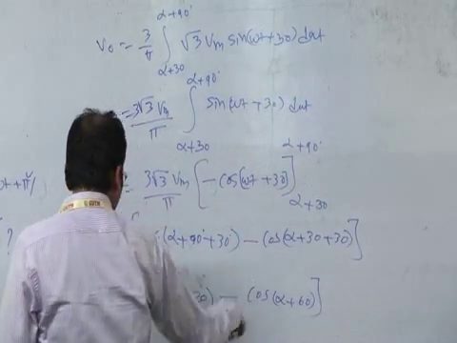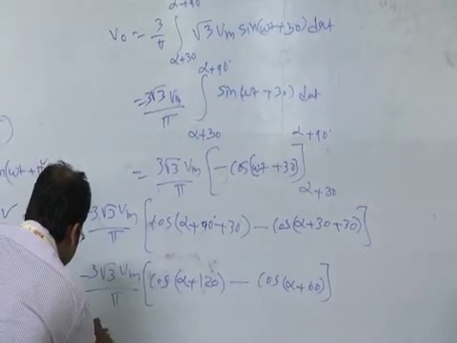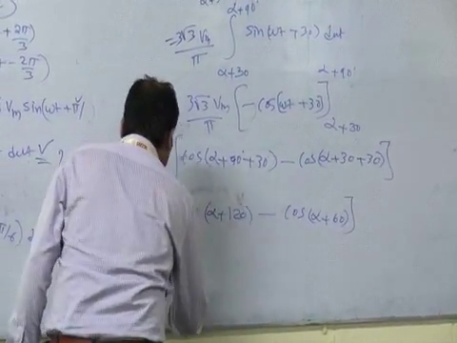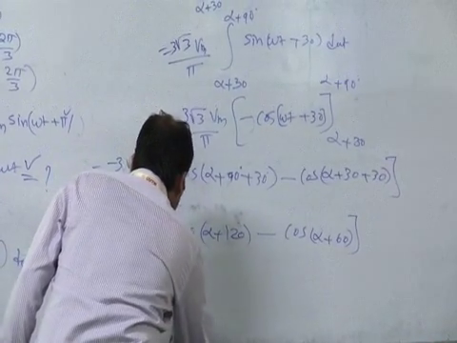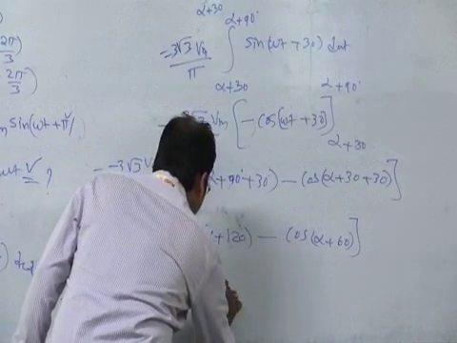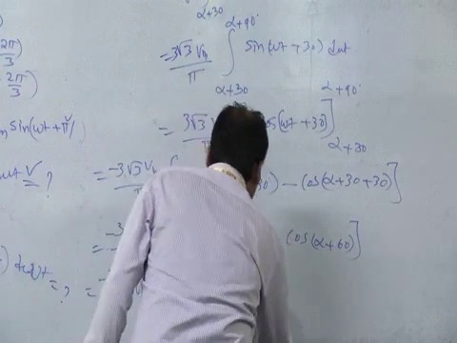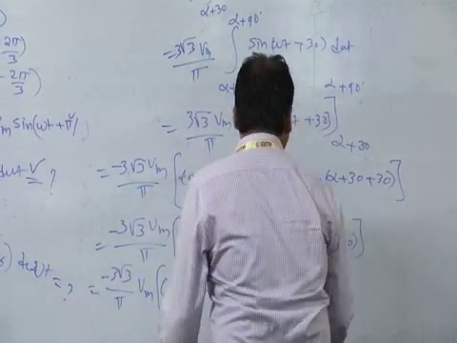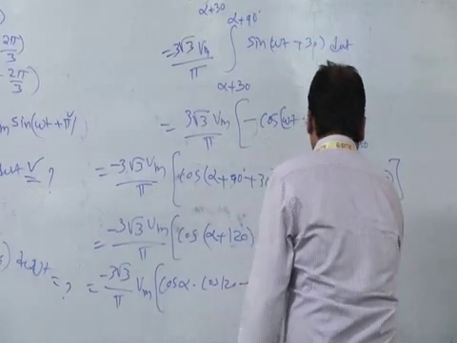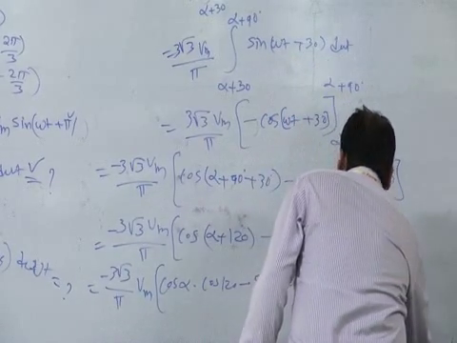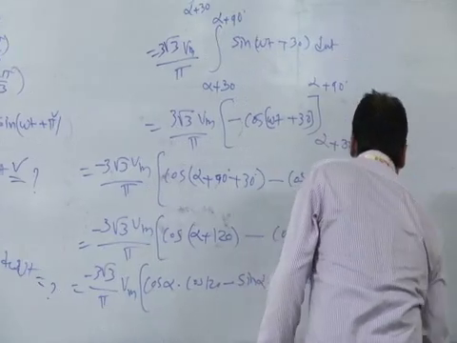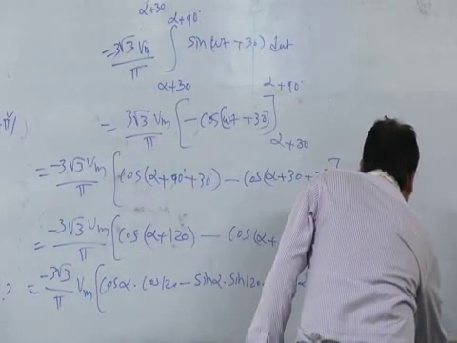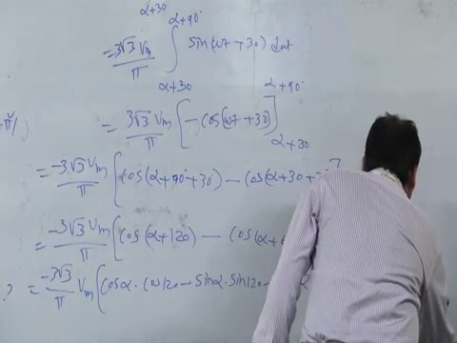Okay. So just open these brackets. Minus 3 root 3 by pi into Vm, cos(A plus B) equals cos A cos B minus sin A sin B. So here, cos alpha cos 60 minus sin alpha sin 60.